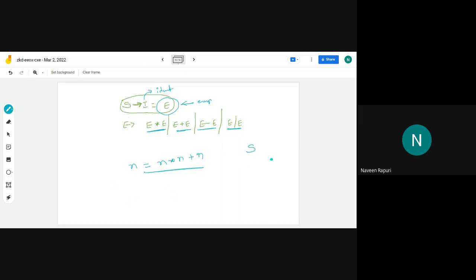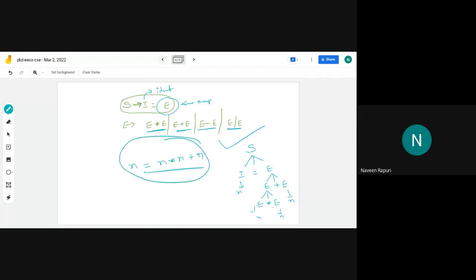S derives I equals E. Coming to the E here, there are E plus E, and here we can write E derives E star E. Suppose it is n, it is also n, and it is also n. So n equals n into n plus n is accepted by the given expression, or for the given string.